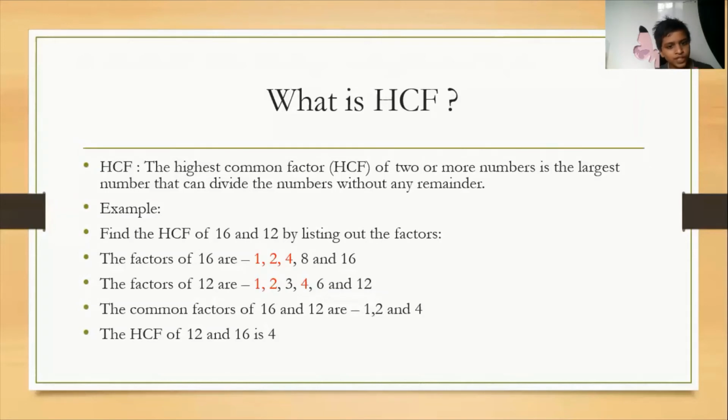The factors of 16 are 1, 2, 4, 8 and 16. The factors of 12 are 1, 2, 3, 4, 6 and 12. The common factors of 16 and 12 are 1, 2 and 4. The highest common factor of 12 and 16 is 4. So HCF is 4.